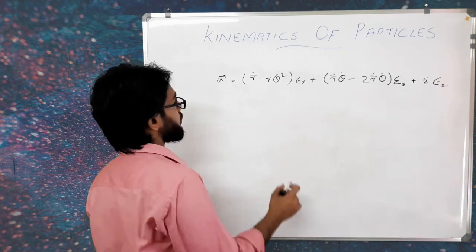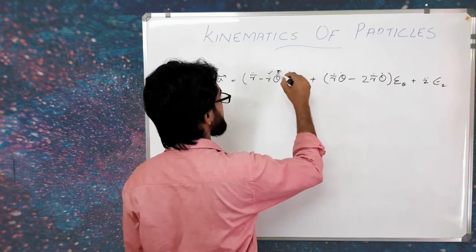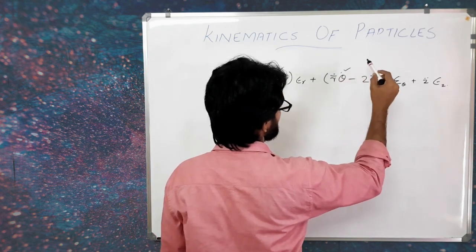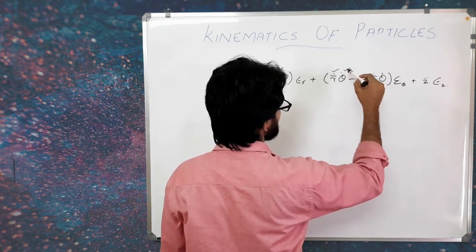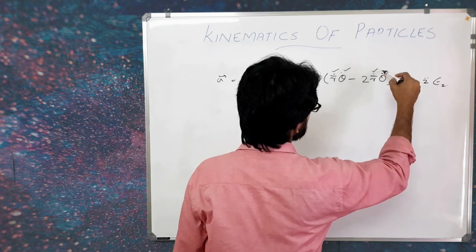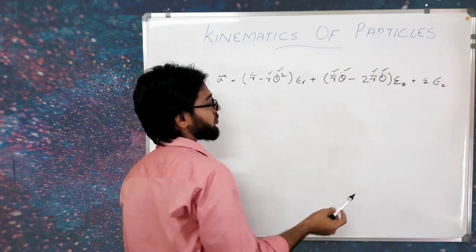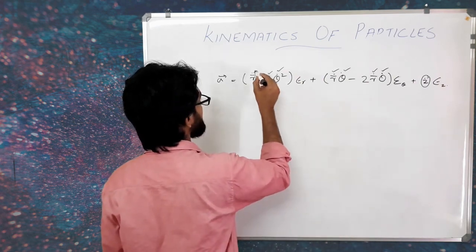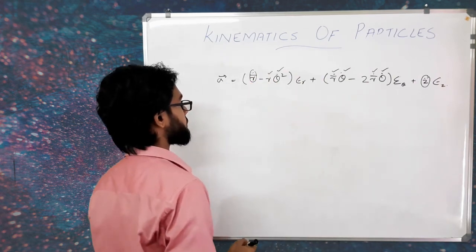Now we already know the values of r, r dash dot, theta dot. So we have to find the values of z double dot and r dash double dot.